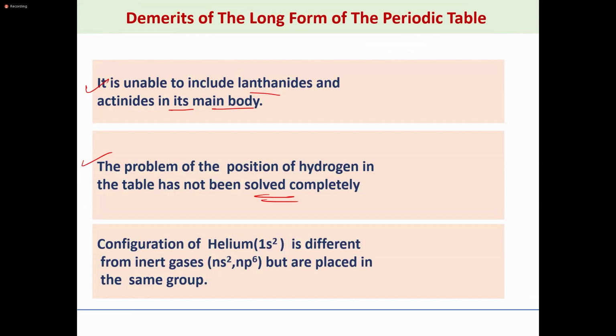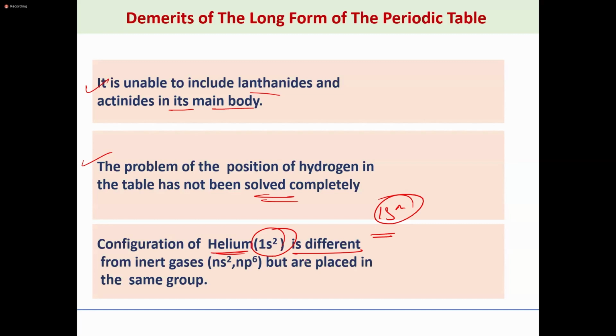The second thing is that we know the S block, P block, D block, F block classification is according to the last electron, where it is entering. If it is entering the S orbital, then it is an S block element. If it is entering the P orbital, it is a P block element. But if you see helium, it has two electrons, so the electronic configuration is 1s2. So it should be an S block element, but it is actually not placed in the S block.